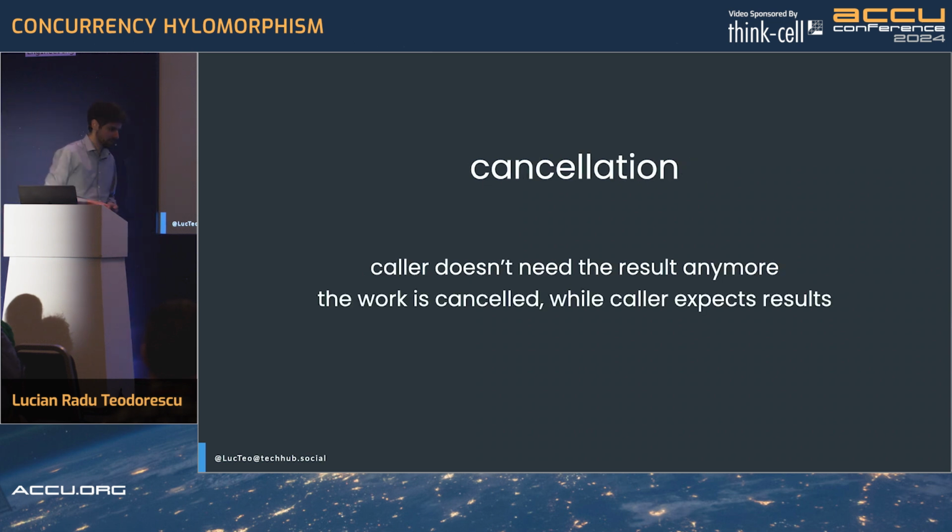And the second point that Sean kept pushing me on is cancellation. And yes, this is a larger topic, but we do have a good story for it. There are typically 2 types of cancellation. One is when the caller doesn't need the result anymore, so either instead of calling await, it calls cancel or simply drops the future, as in the model that Sean wants. Then we need to propagate a signal to the work saying you're not needed anymore, please finish up as soon as possible.